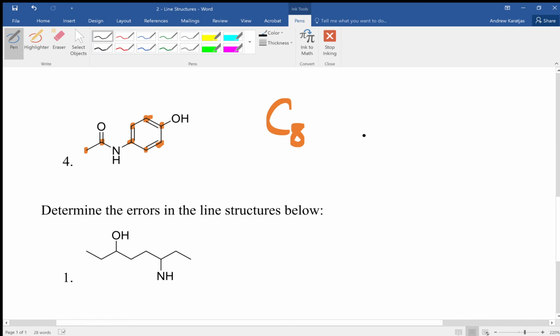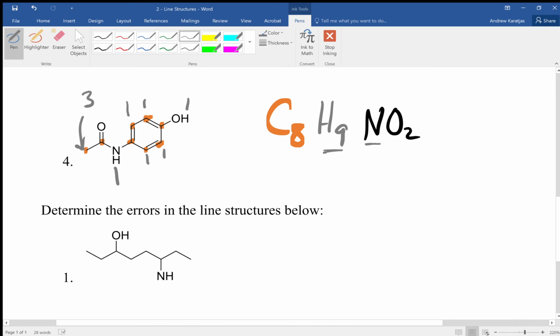Again, 1 nitrogen, 2 oxygens. And so then it's just a matter of counting up the hydrogens. 3 here, 1, 1, 1, 1, 1, and 1 here. And so 9 total hydrogens, and you can see again, having 1 nitrogen meant we ended up with an odd number of hydrogens.